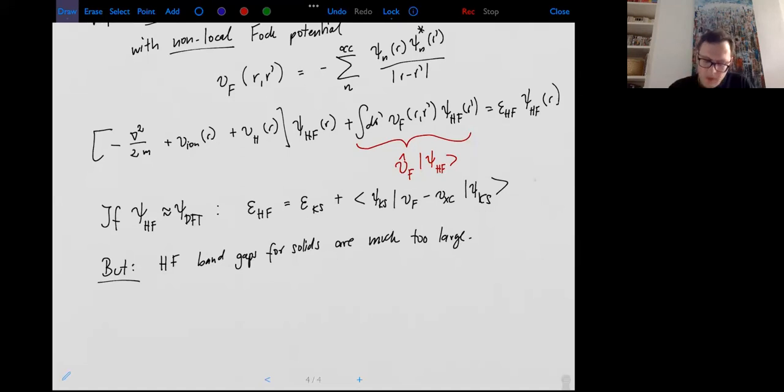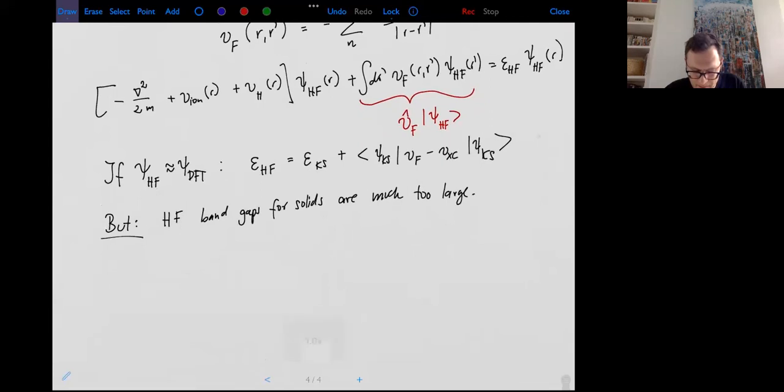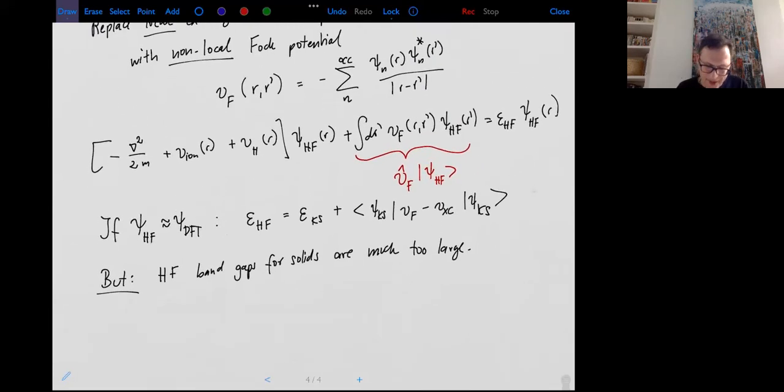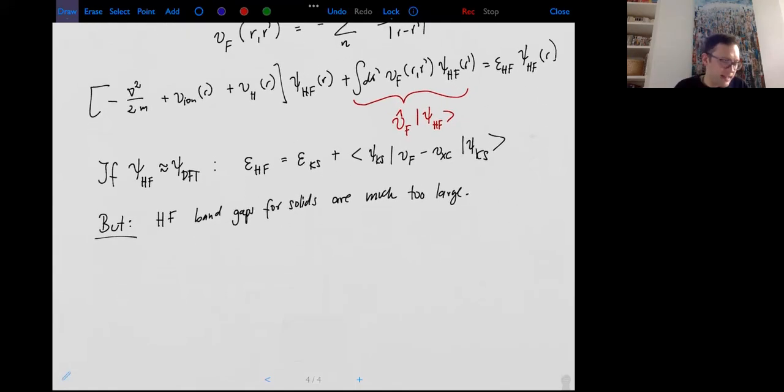Okay, so a very natural question is then, what's missing, right? Something must be different when I have a solid as compared to a molecule, and that something is missing in Hartree-Fock. When we think about molecules and solids, obviously the difference is that in a molecule, typically there aren't that many electrons around, and in a solid there are lots of electrons, right?